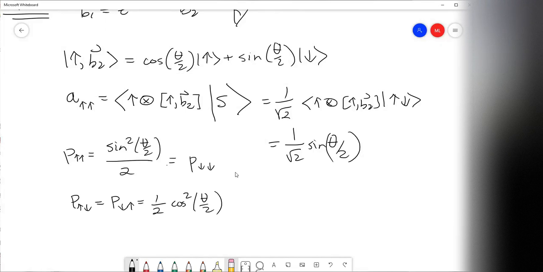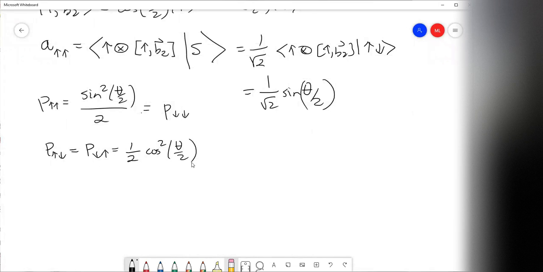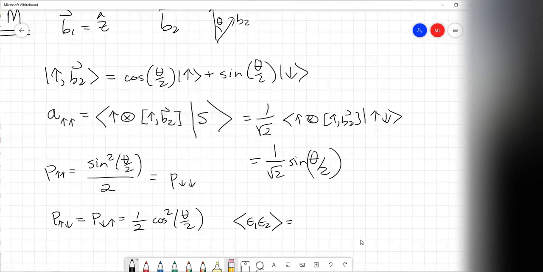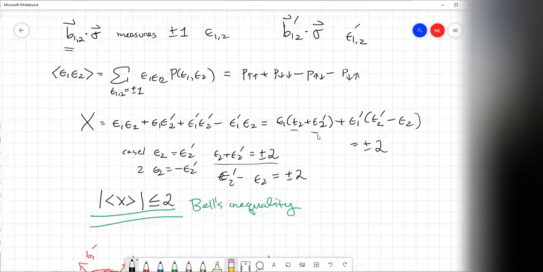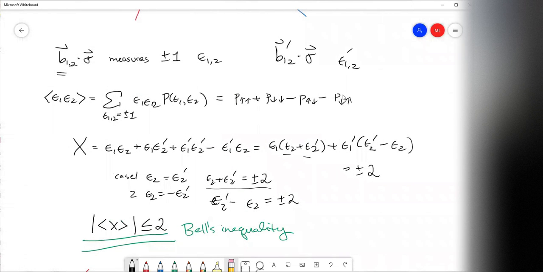So what do we get? We get that if you want the expectation value of, say, epsilon1, epsilon2, then that just gives you, it's back what I said before, this guy.